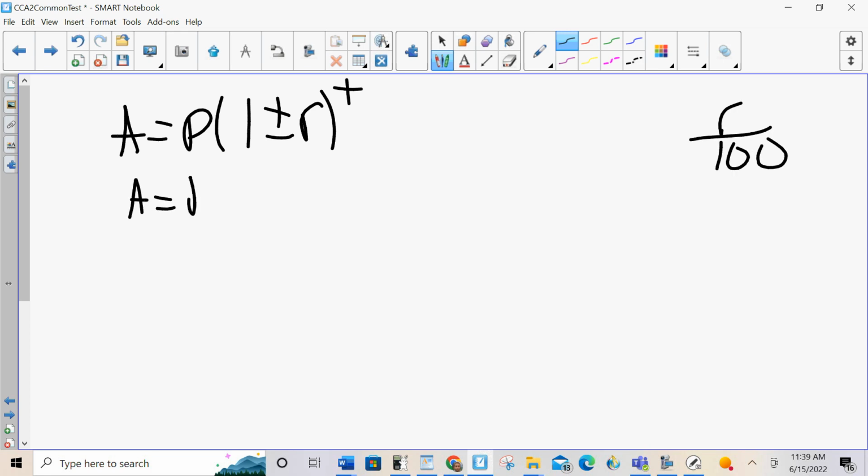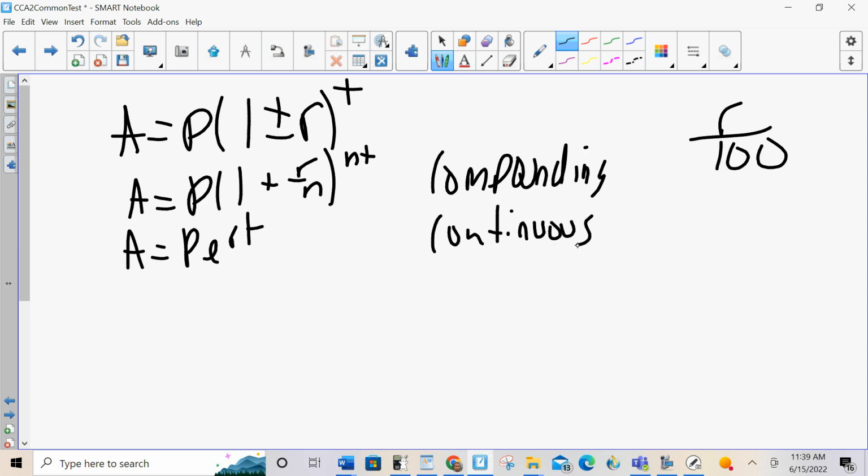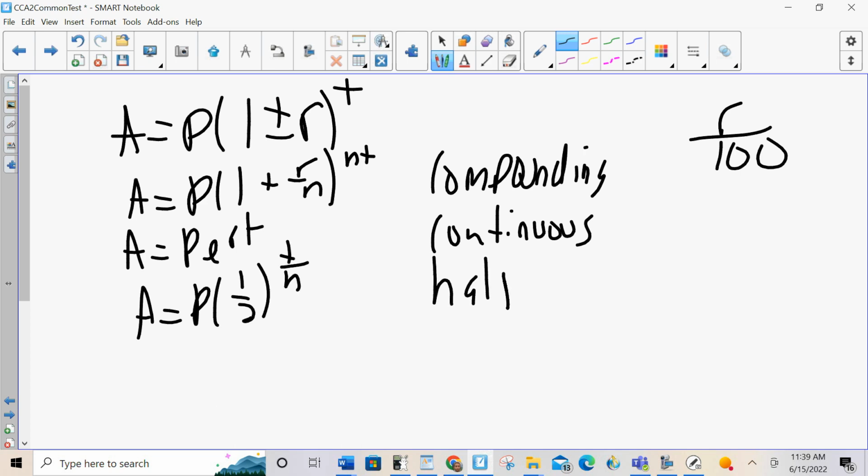Principal parentheses, 1 plus minus r over n to the power nt, compounding per, continuous, converting rates, raise 1 over n, half-life raised t over h, irregular.